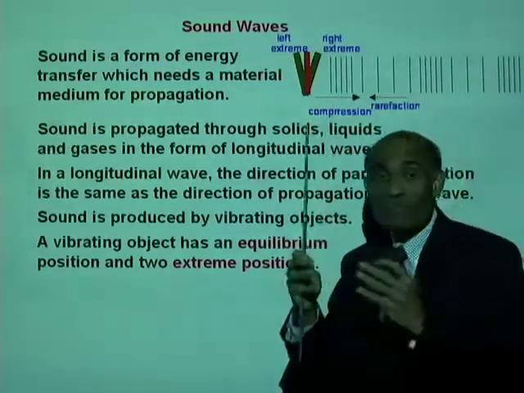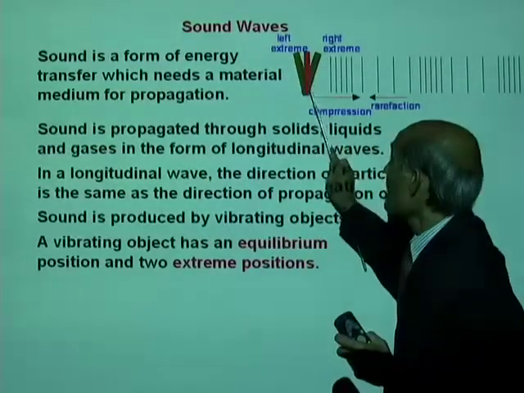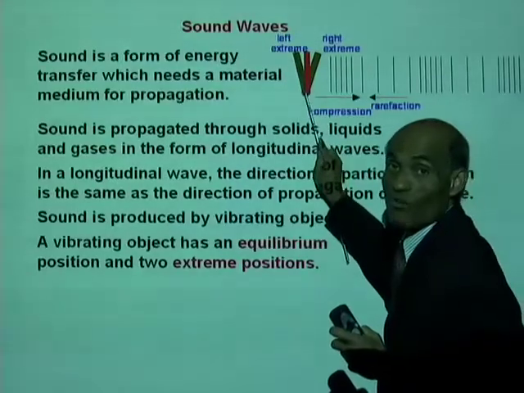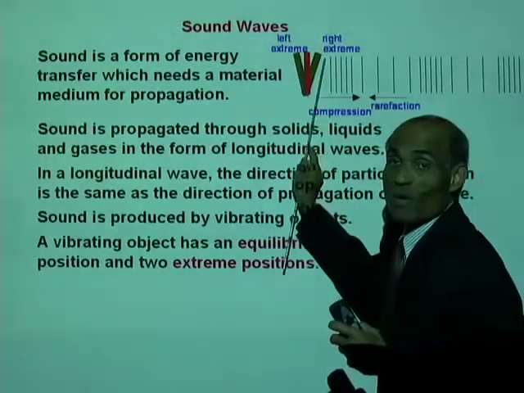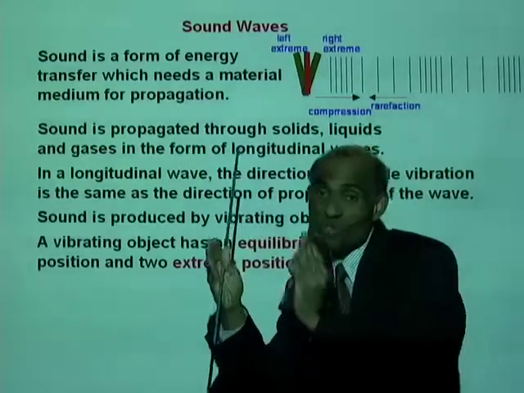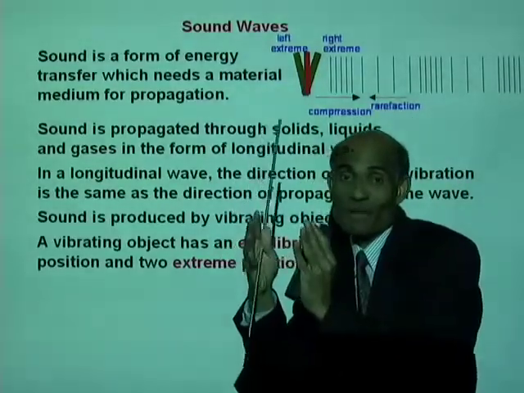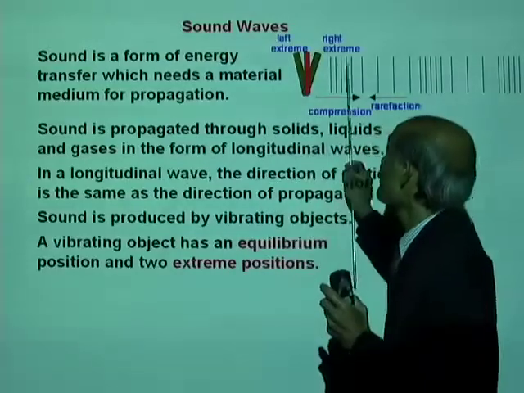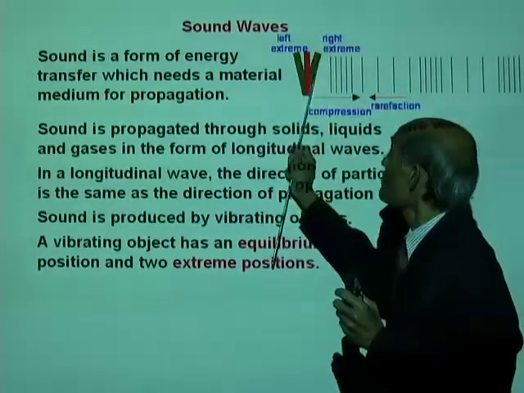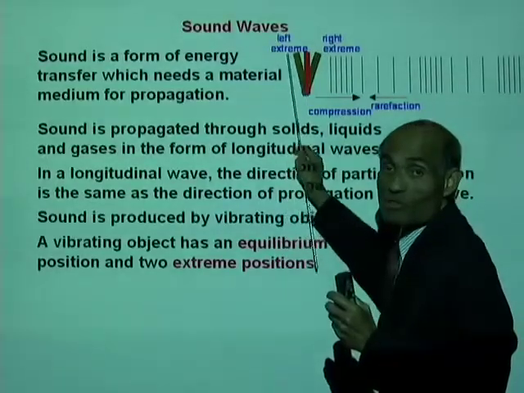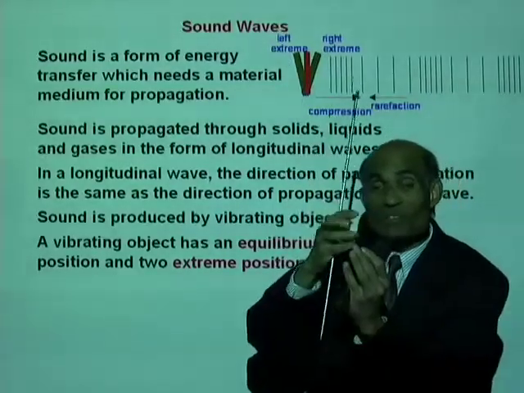Well, how are these formed? As the vibrating object moves from the left extreme to the right extreme, it pushes the particles forward, and that is where you have a region of compression. When the vibrating strip moves back to the left, it creates a space.